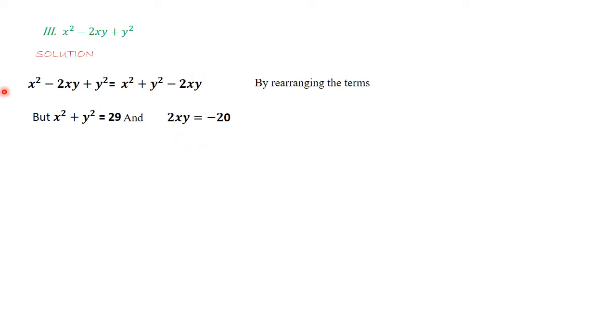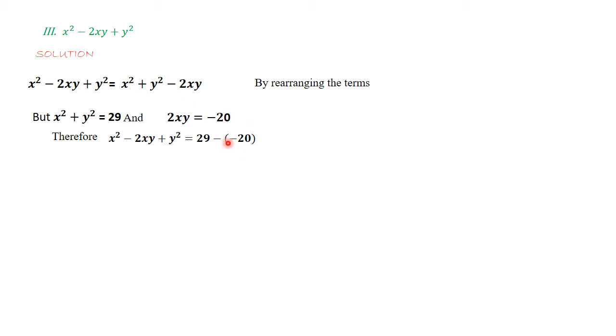Therefore, what we are given in Roman 3, which we have said is the same as x squared plus y squared minus 2xy, can just be 29 minus negative 20. 29 minus negative 20, 29 being the x squared plus y squared, and minus 20 being 2xy.